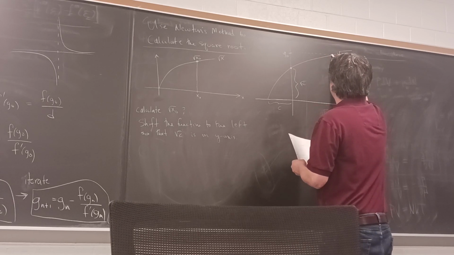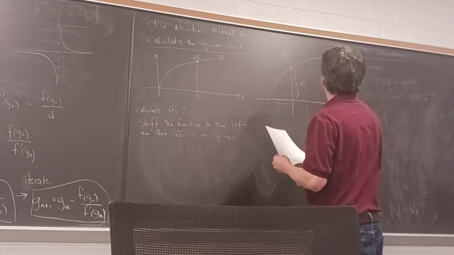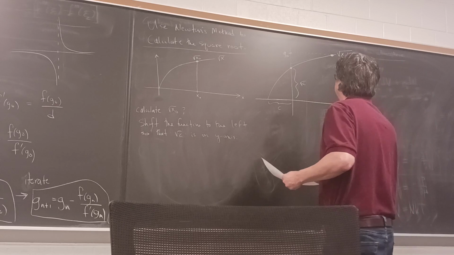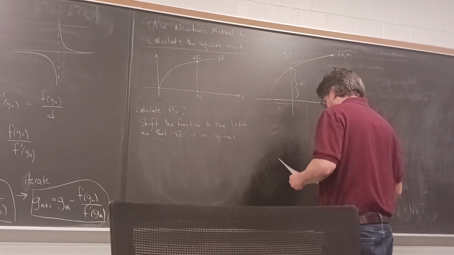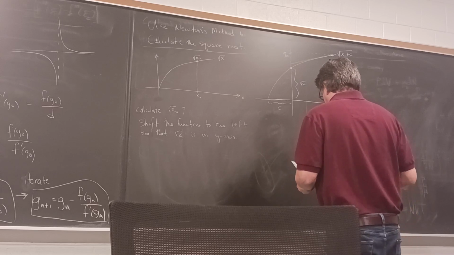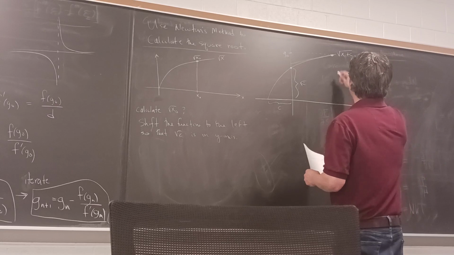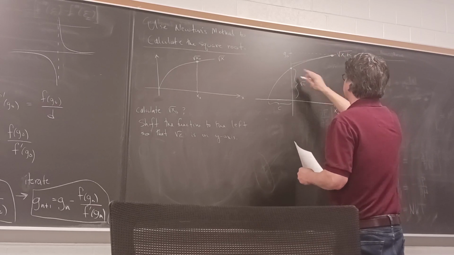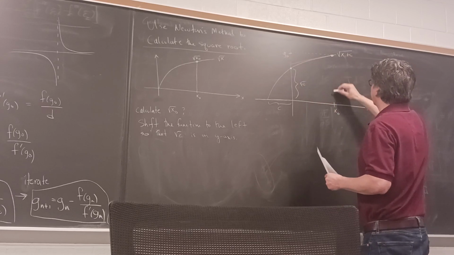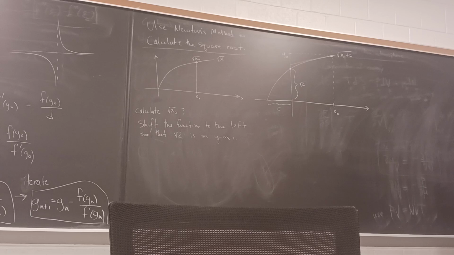Then we're going to follow that slope down to get G1. I just know my guess was G0 here, and that corresponds to some x0 there.